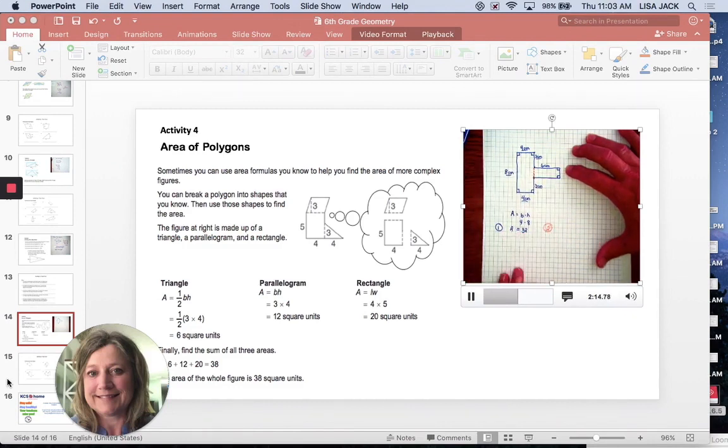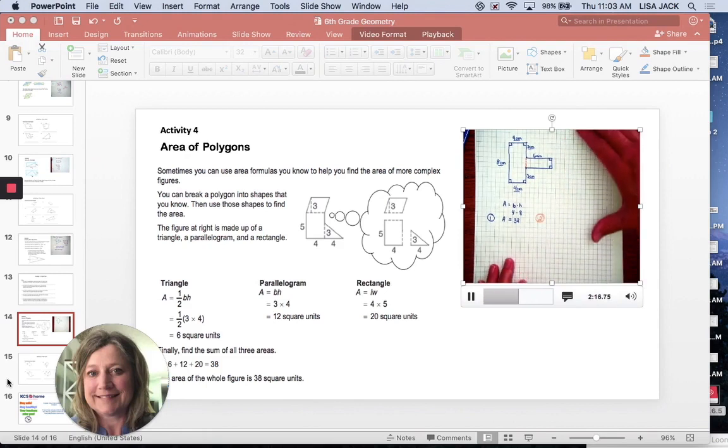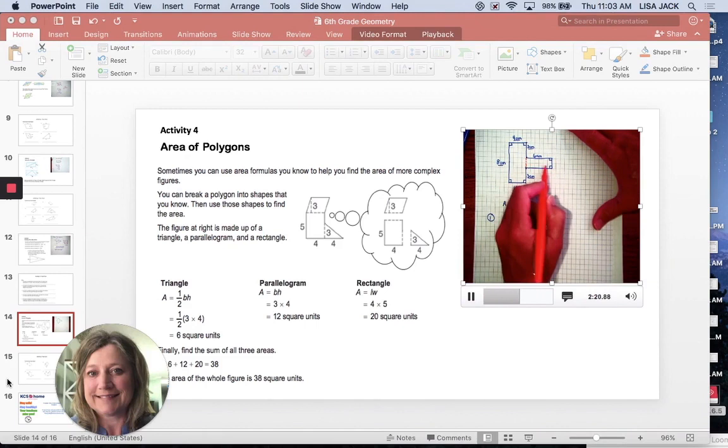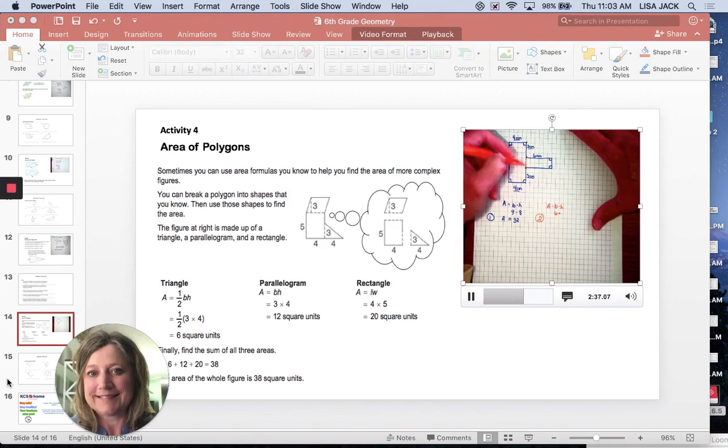And I'm going to do figure 2 in orange, just so we can kind of see the numbers that are a little bit different. Now, we still have a rectangle, so we're going to have area equals the base times the height. So what is our base going to be? We have 6. Our height, we're not sure.